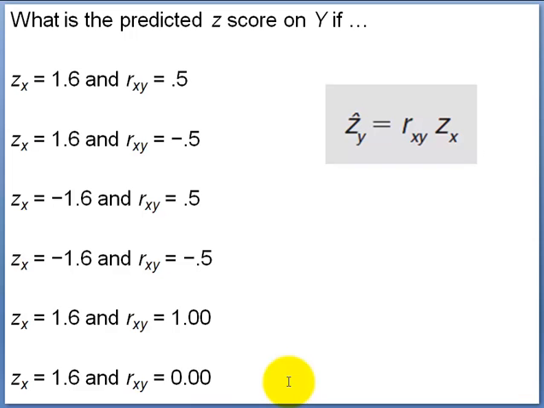But in terms of linear relationship, a correlation of 0 is conveying absolutely no relationship. So when there's a correlation of 0, the best prediction that you can make for a given case is that the z-score on y will be right at the mean, which is to say 0.00, a z-score exactly at the mean.